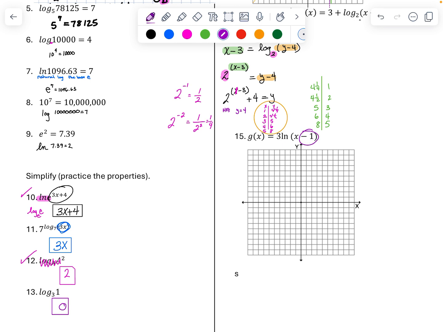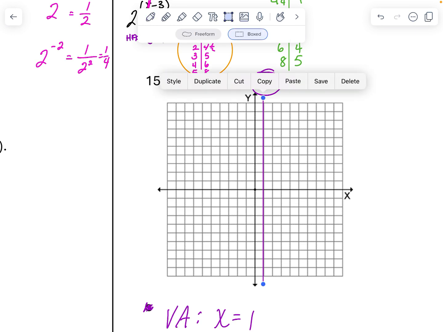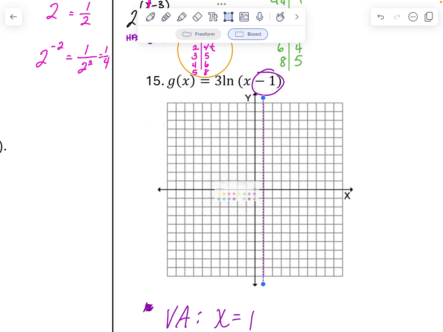This right here says we're going to have a vertical asymptote at x equals 1. So here is x equals 1. And the entire function is going to not touch that vertical asymptote.